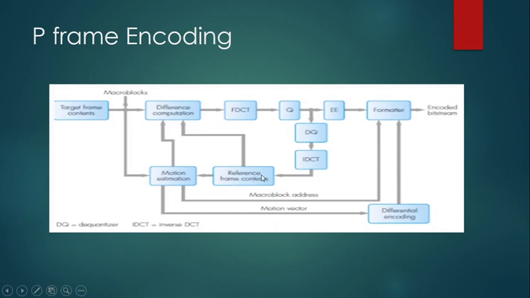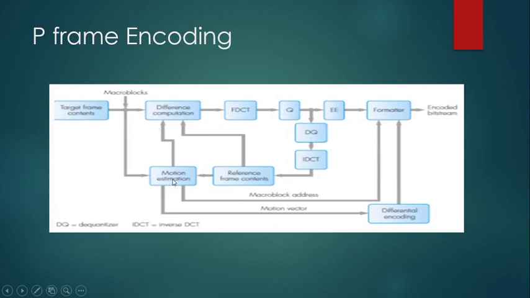So for computing the difference, the macro block, all the values, should be in pixel values. So the quantized values, as you can see in the figure, should be dequantized and inverse DCT applied, then only we will have the pixel value. So this reference frame and the target frame, we are going to compute the difference, and if there is any difference, that difference we have to specify.